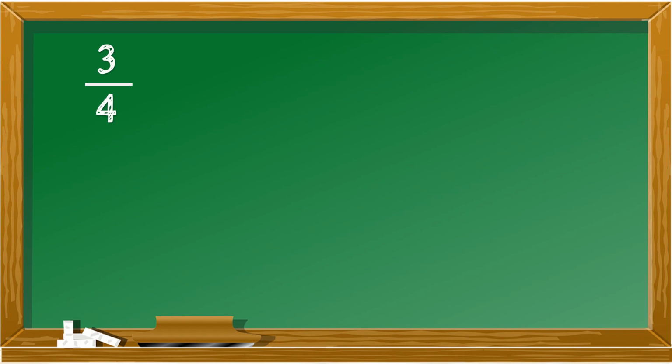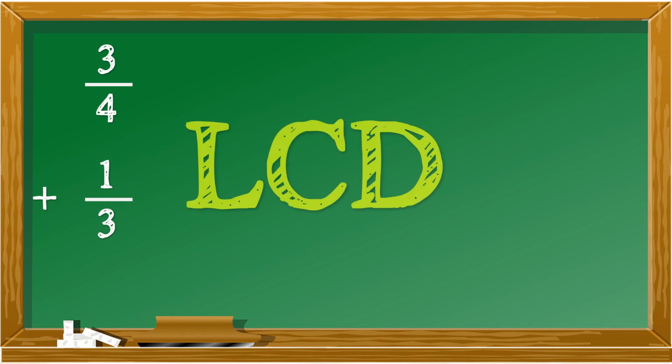So we need to add 3/4 and 1/3. Still, 3/4 and 1/3 are dissimilar fractions. We need to convert them first into similar fractions by looking at the LCD, or the least common denominator.